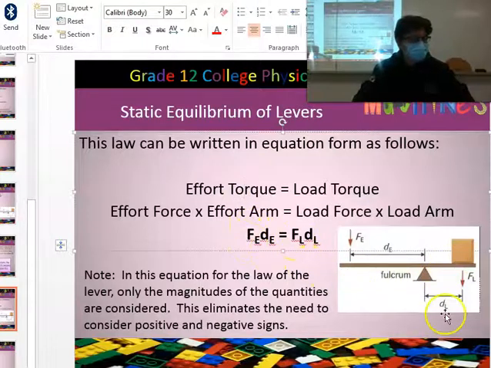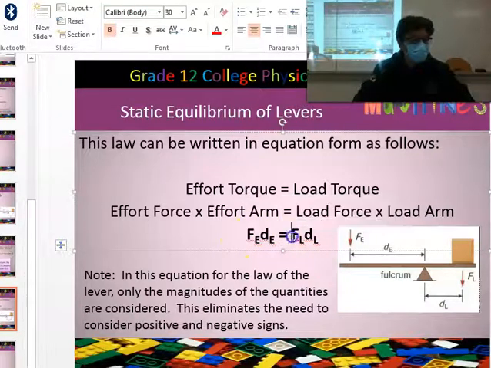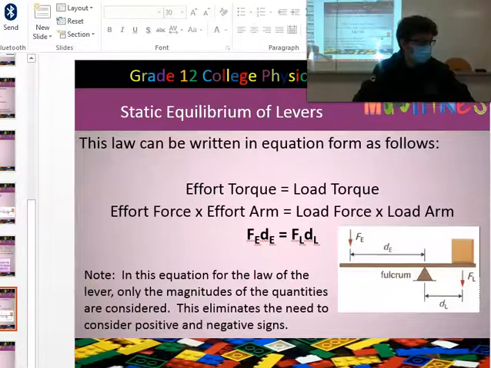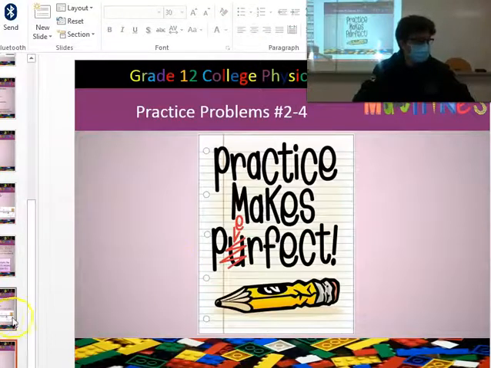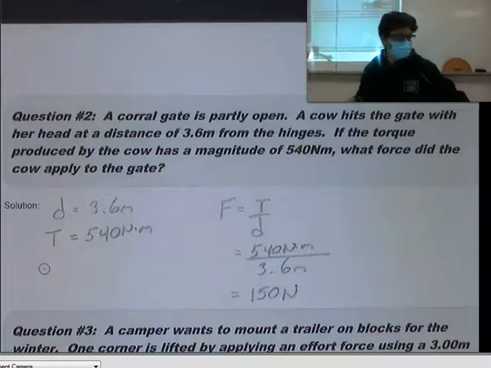If we know this lever is in static equilibrium, we can say effort torque equals the load torque. We can use this to solve certain problems. So let's use this static equilibrium law and do some questions.